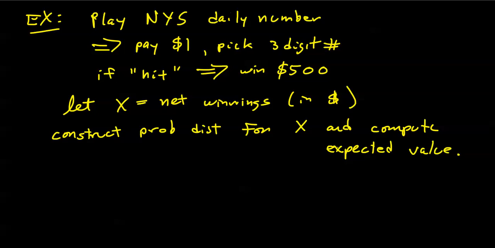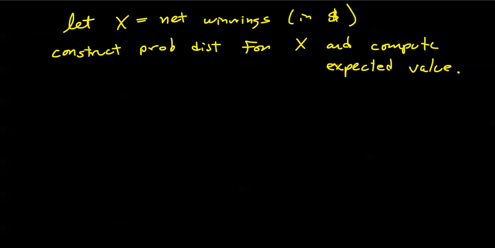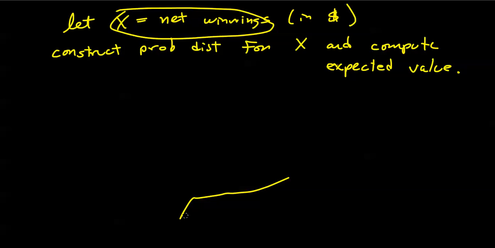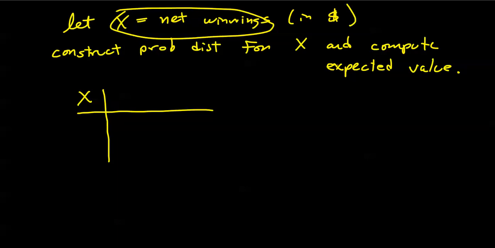Alright, this may be a little simpler than you think. If you're talking about net winnings in this game, x can take on two values. You either win or lose this game, right? If you play this game and lose, you lose your dollar, so I'm going to let x be -1, because my net winnings would be -$1.